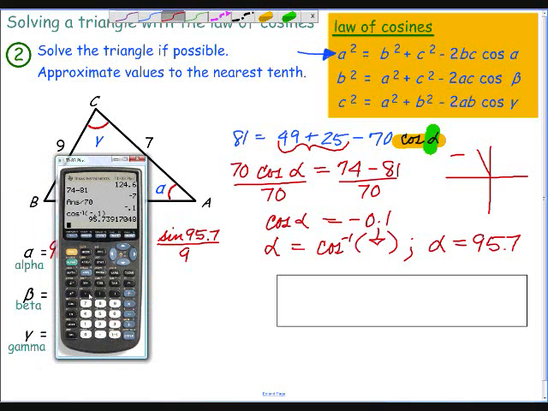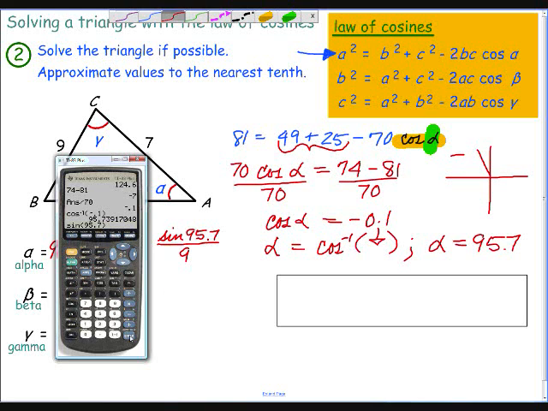That's interesting. That ratio is going to be a negative, isn't it? All right, let's go. Sine of 95.7. No. In this quadrant, sine is positive. This is all working out beautifully.